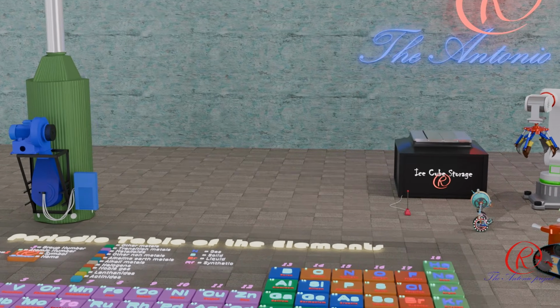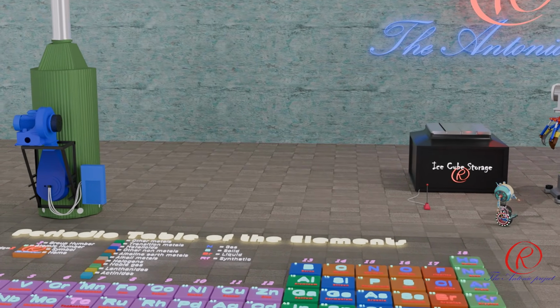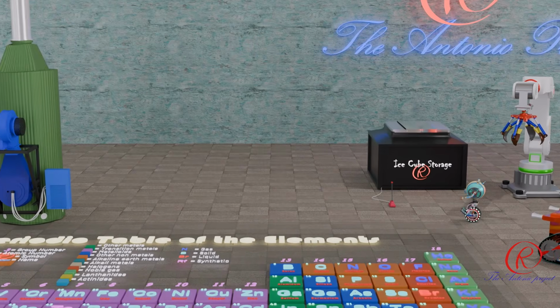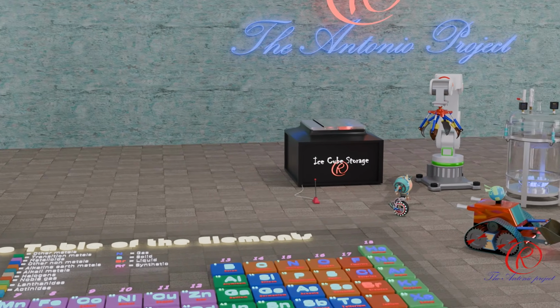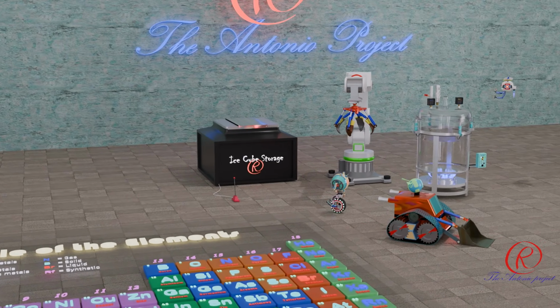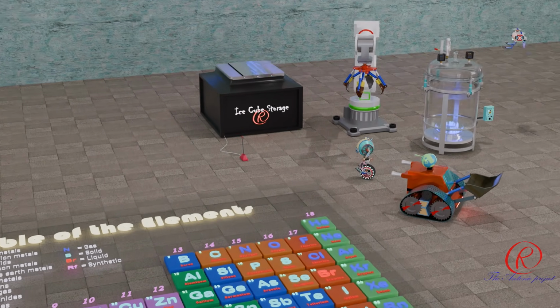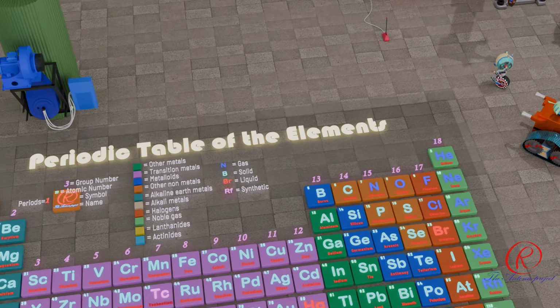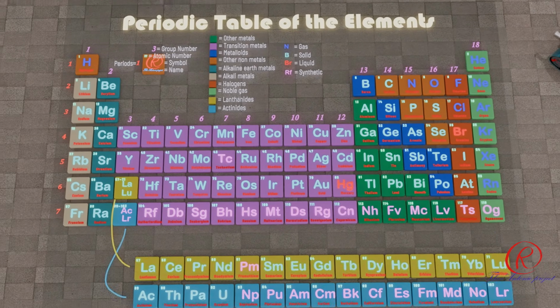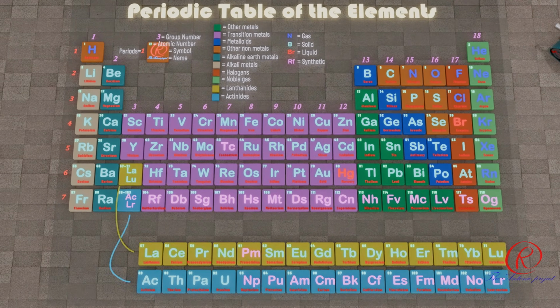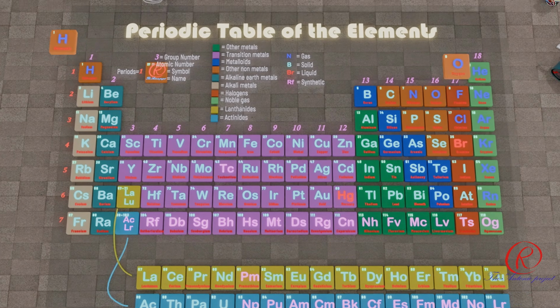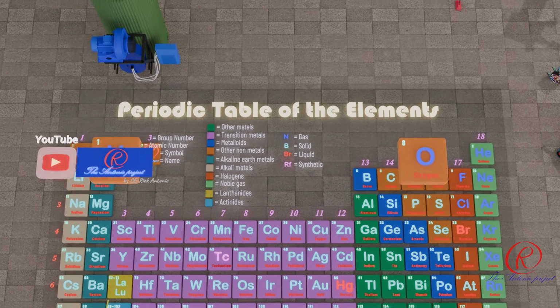Let's find out what the structure of water is, its chemical configuration, and its atoms. Following is the periodic table of the elements, a table of the organized array of all the chemical elements in order of increasing atomic number. A molecule of water is composed of two atoms of hydrogen and one atom of oxygen.